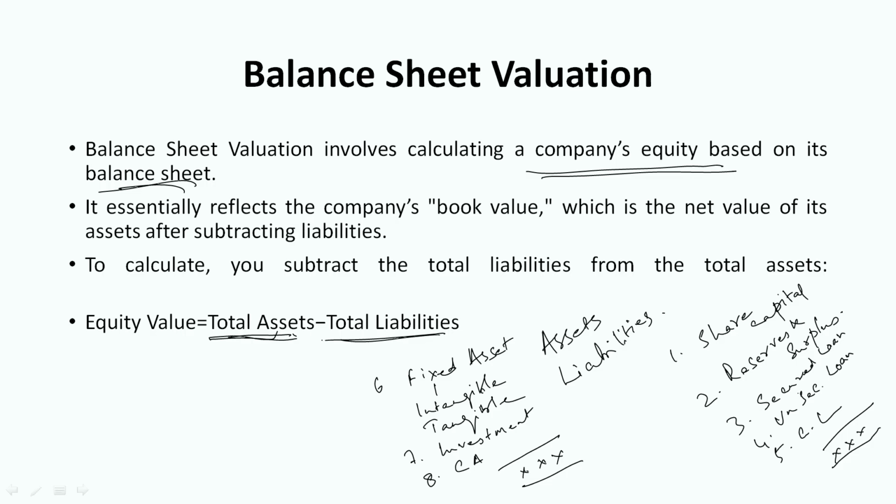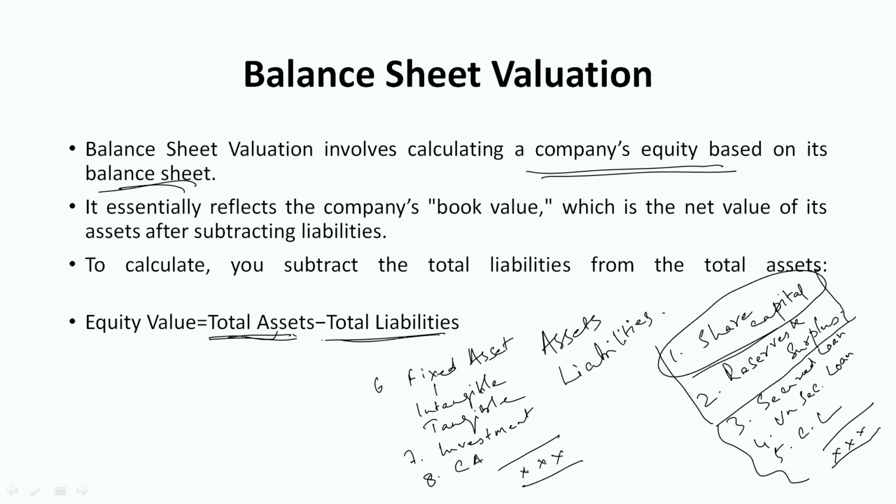Among these, the first two schedules are not a liability, they are the claim part. So, the third schedule onwards becomes part of your liability. Your total assets minus this is going to give you your share capital, okay?